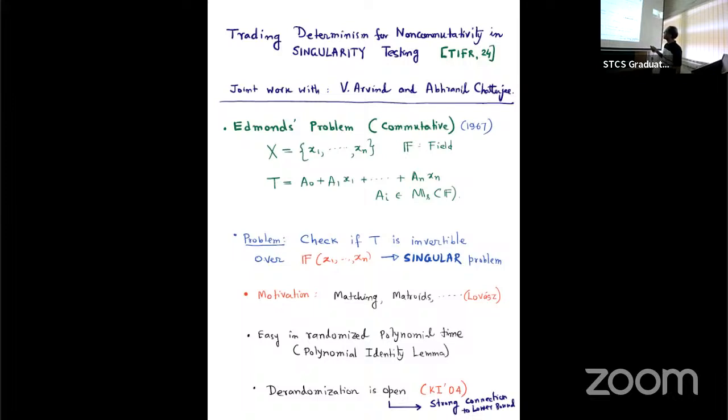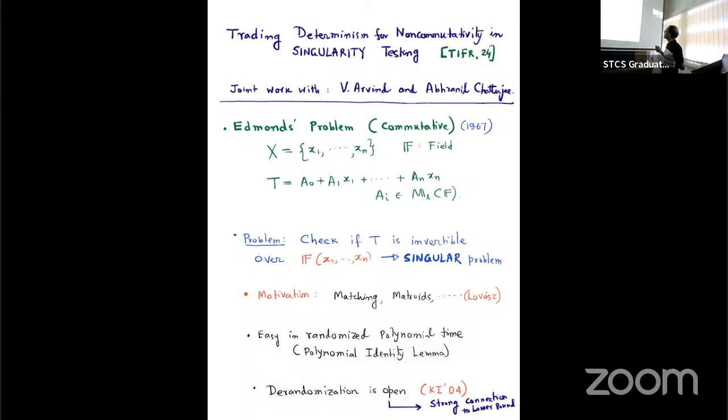If you look at the matrix T, it's easy to see that the entries of T are just linear forms over the variables x1 to xn. Edmonds' problem was: can you efficiently check whether this matrix T is invertible? It's a very simple question.